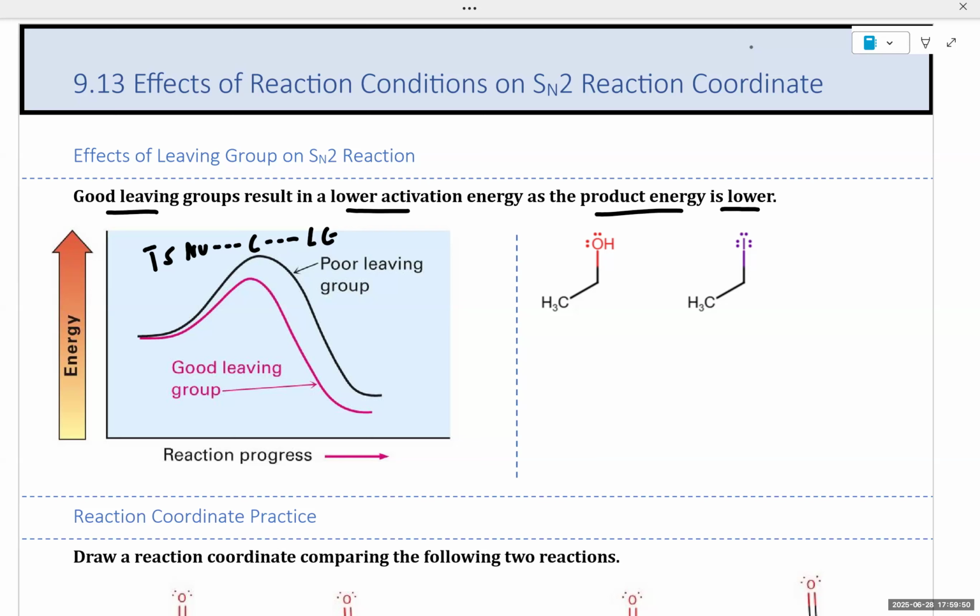So, good leaving groups have a lower activation energy. For example, if you have a choice between picking which of these two substrates will have the faster rate of SN2 reaction, the substrate with the alkyl iodide has the better leaving group and thus will have a faster SN2 reaction.